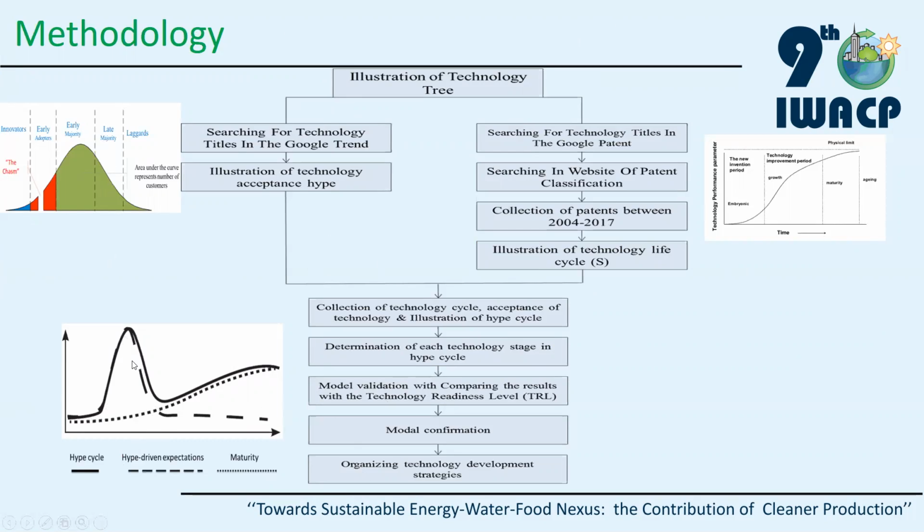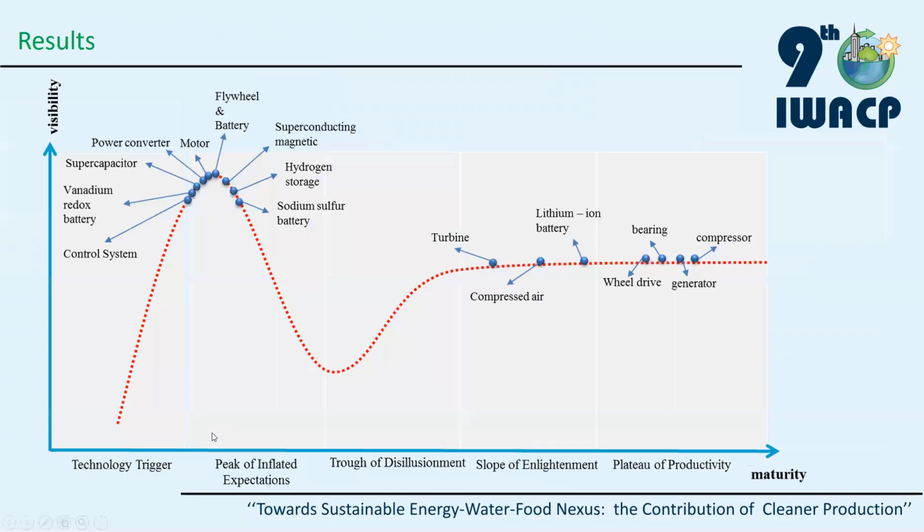In order to verify our results, we use two different kinds of models for validation of our research: by using the TRL and interviewing three experts in the field of energy storage around the world, from Canada and from Iran. So we assure that our model was confirmed.